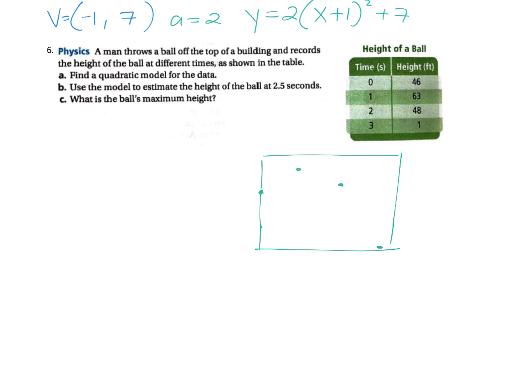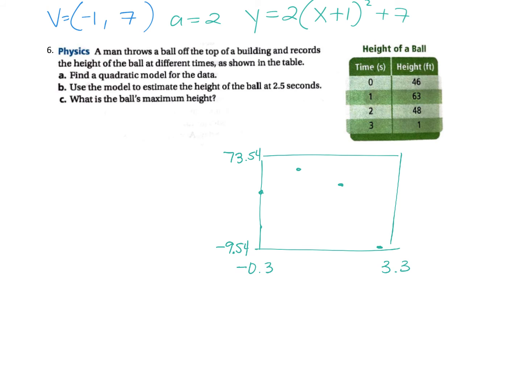Okay, so I want to see that, and then I want to know your window. So hit the window button up at the top left. Your x minimum is a negative 0.3, your x max is 3.3, and then your y minimum is a negative 9.54, and your y maximum is 73.54. So now you're going to try to find the quadratic model, the equation.